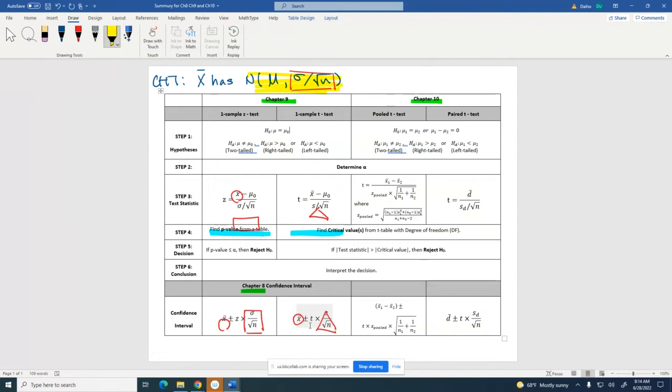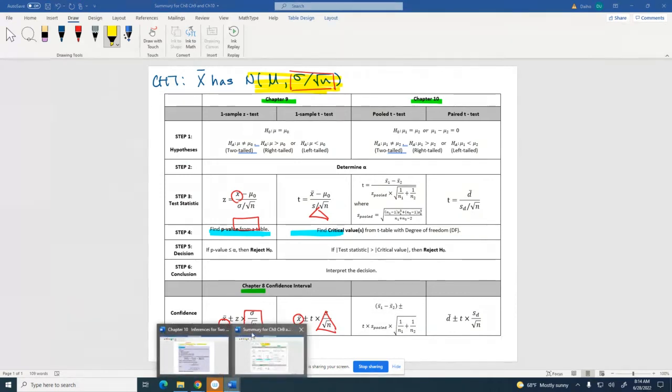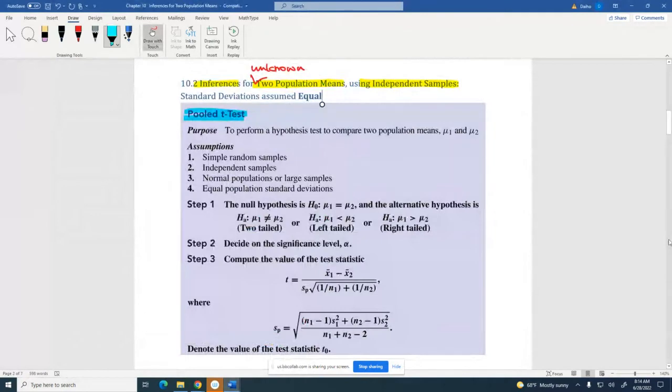So I don't want to take care of the z-test in chapter 10. That will be as similar as between the z-test and t-test in chapter 9, right? We are going to look at the summary later again, but now please look at this. So we are not going to discuss the z-test in chapter 10, but only the t-test.